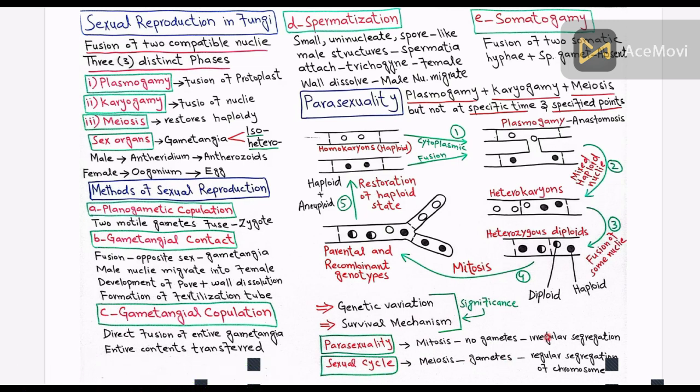And the last one is that chromosome segregation is irregular in parasexuality but regular in the sexual cycle, because meiosis ensures the proper segregation of the chromosomes.